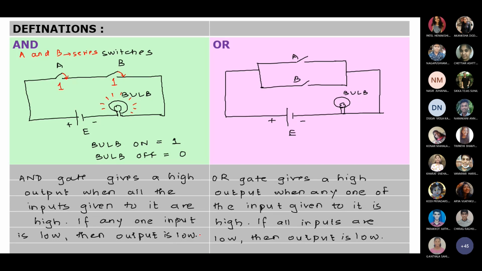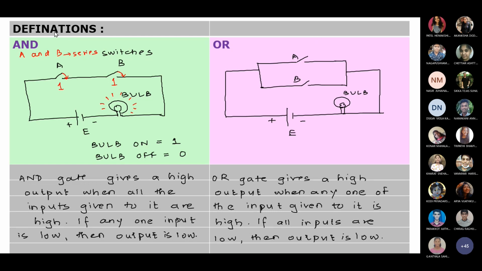When any one of A or B is open, the electrical circuit is not complete, so current will not be able to flow in the closed circuit and the bulb won't glow. That is how you visualize an AND logic gate. So the AND gate gives a high output when all the inputs given to it are high. If any one input is low, the output will be low.